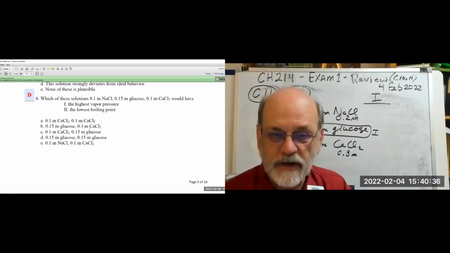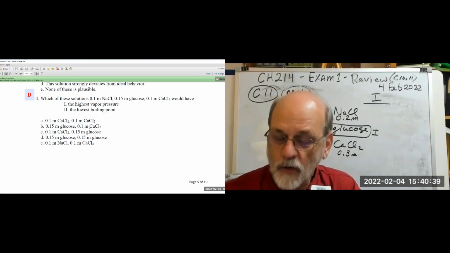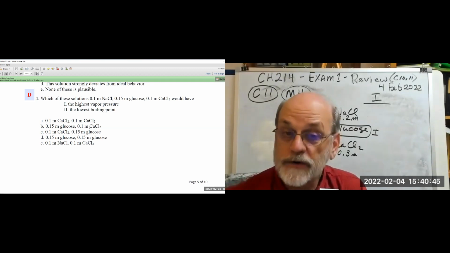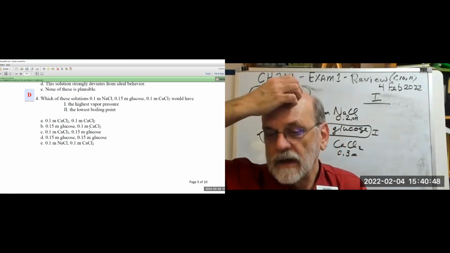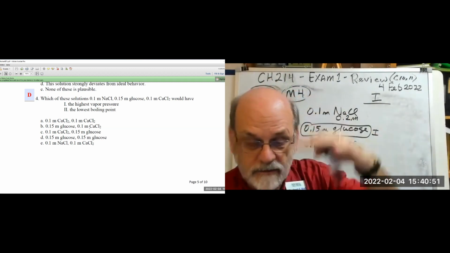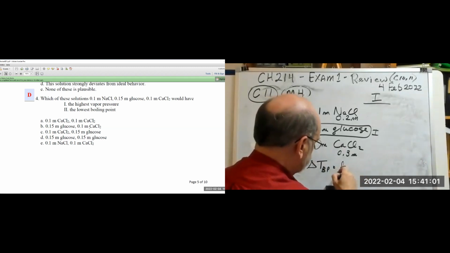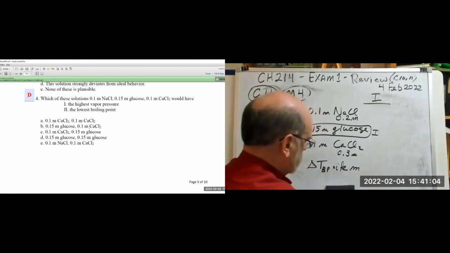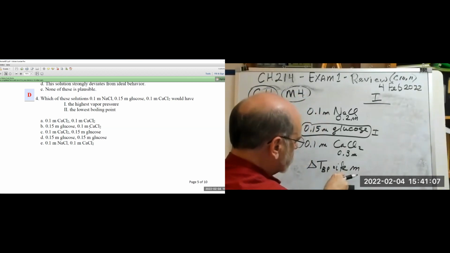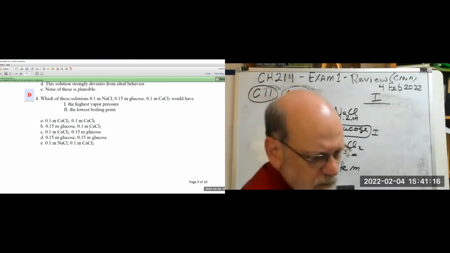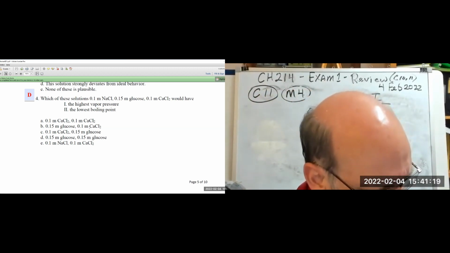How about the lowest boiling point? The lowest boiling point is the one with the lowest concentration of solute, because as you increase the concentration, let's see, proportionality constant times molality. Now my mind's gone foggy again.